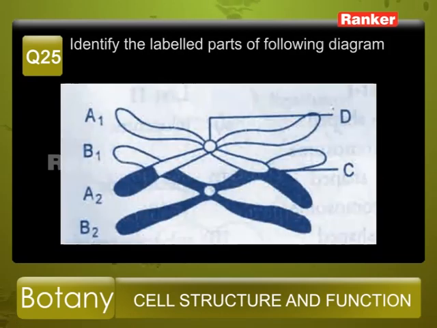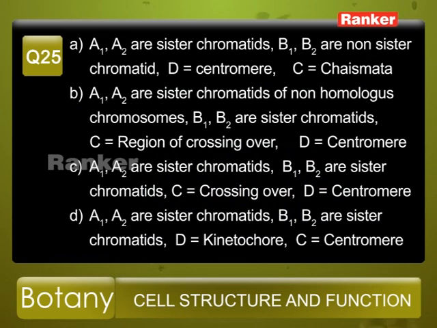Question number 25. Identify the labeled parts of the following diagram. The given options are option A, A1, A2 are sister chromatids, B1, B2 are non-sister chromatids, D is centromere, C is chiasmata. Option B, A1, A2 are sister chromatids of non-homologous chromosomes, B1, B2 are sister chromatids, C region of crossing over, and D centromere.